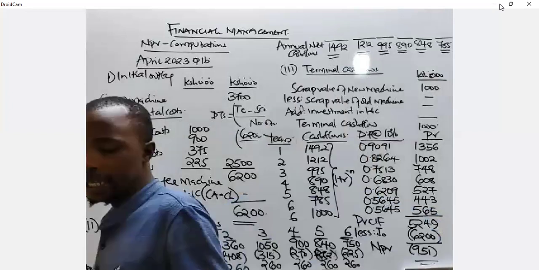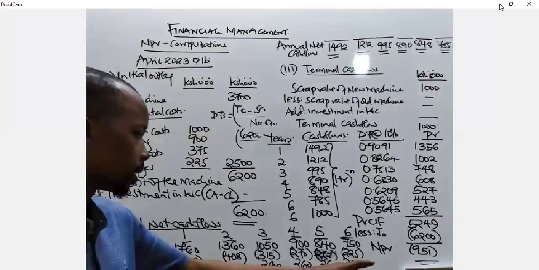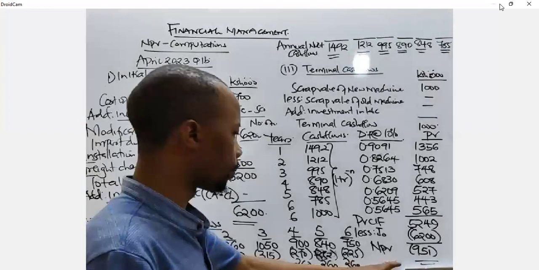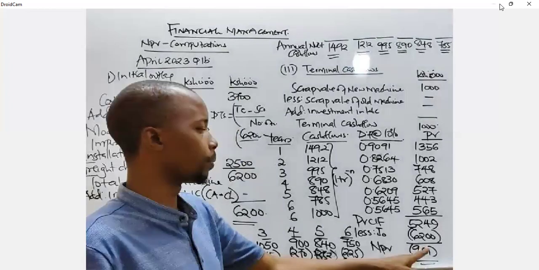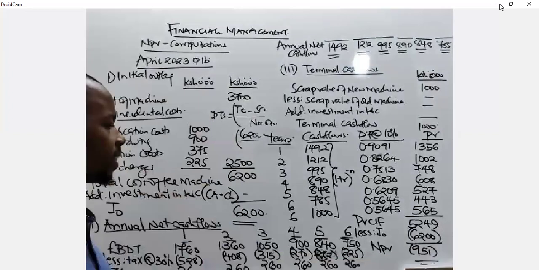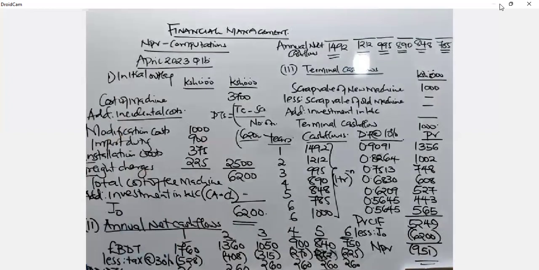So you remember under the acceptance rule, we said one thing here. What did we say? We said when the NPV is negative, the project is going to be rejected. When the NPV is positive, the project will be accepted. When the NPV is equal to 0, the organization can be able to take the risk.